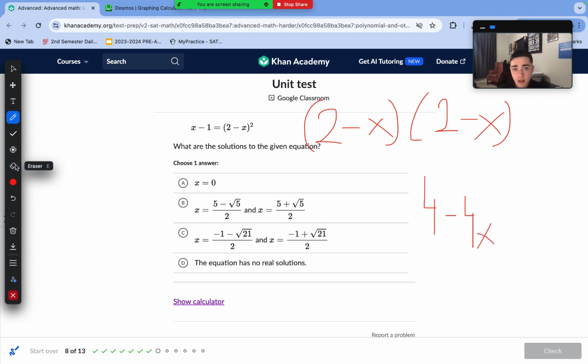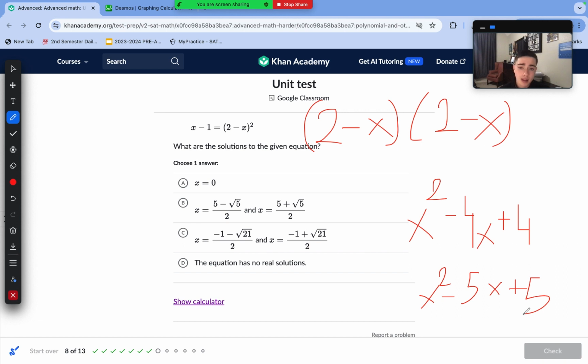So this is actually x squared minus 4x plus 4. And then we can just move over the x minus 1 by subtracting x. So that's x squared minus 5x, and then adding 1. So x squared minus 5x plus 5.